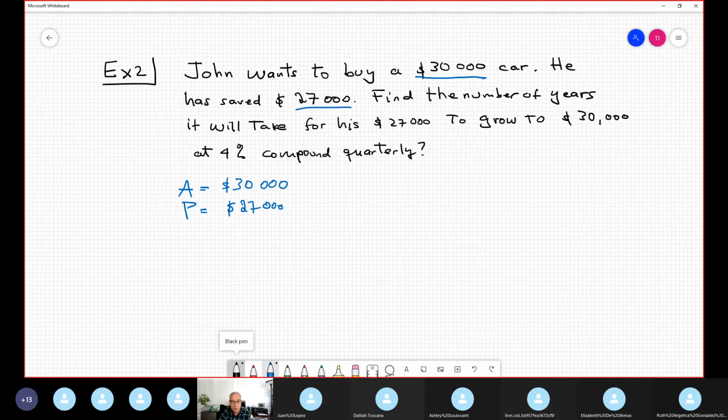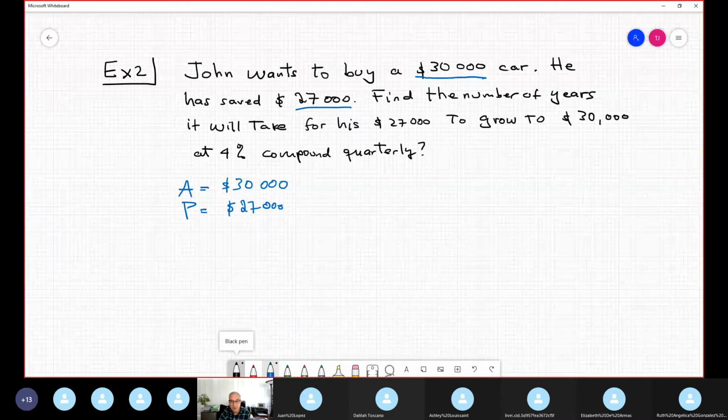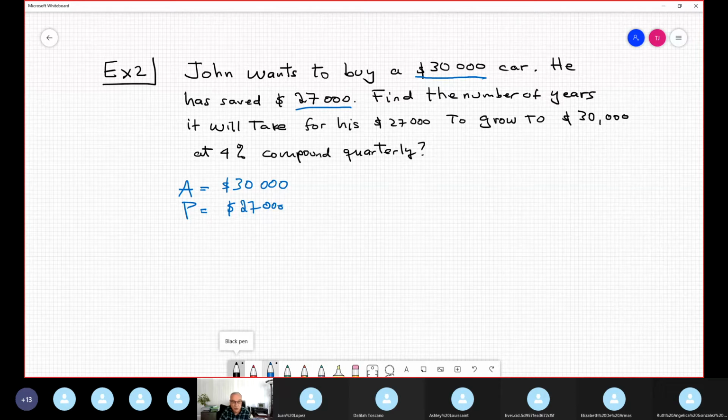This is 27, the present. Find the number of years. Oh, the unknown, and my problem is t. I have no idea how many years I need to wait to grow the money from this to this. And the interest rate is 4%.